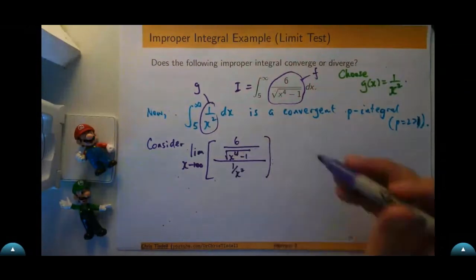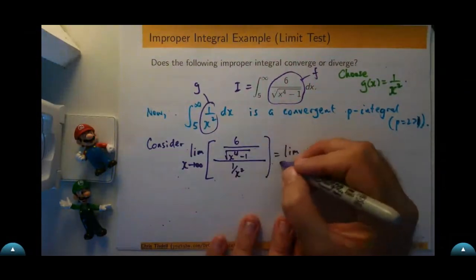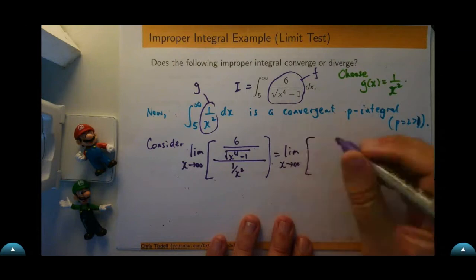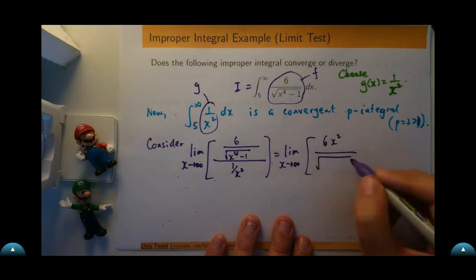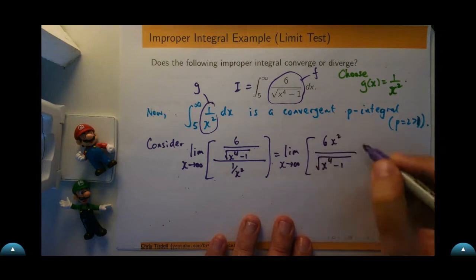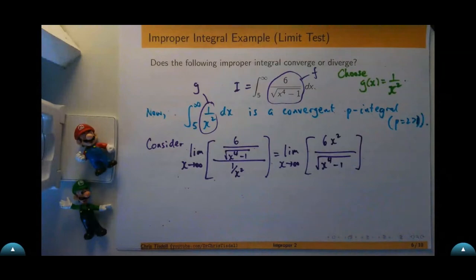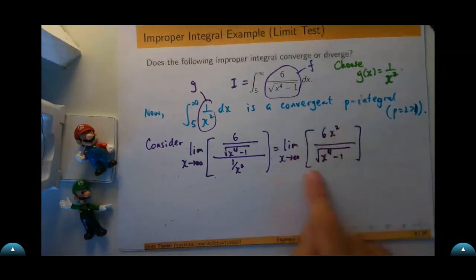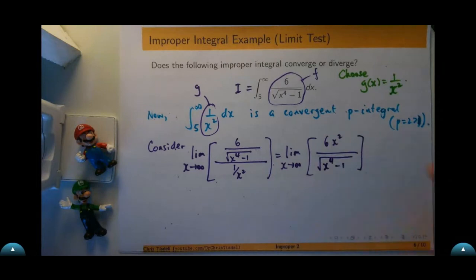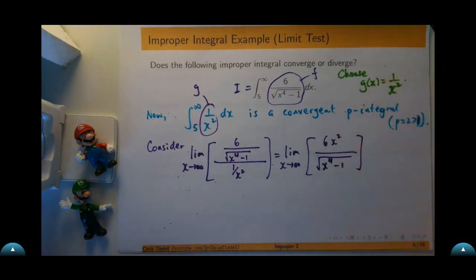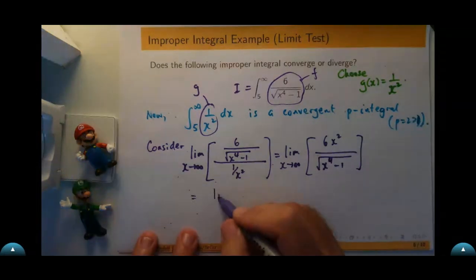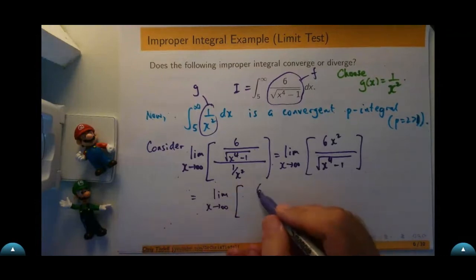But I can rearrange it to get something like this. And so now what is the value of this limit going to be? Well, I can divide the top by x squared and the bottom by x squared, right? So if I wanted to do that, I would get something like this. You don't have to put in this step, but that's what I'm going to do.